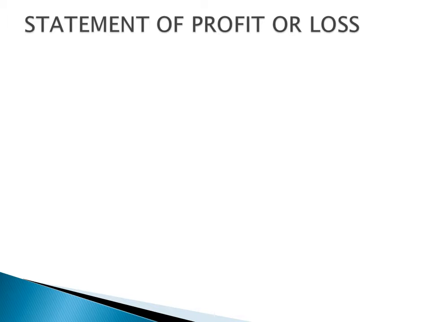This is the statement of profit or loss. The name of the statement is clear. It's actually to find whether the company is making a gross profit or a gross loss. This is the first part of the statement of profit or loss. The next part is to explain whether the company is making net profit or net loss.